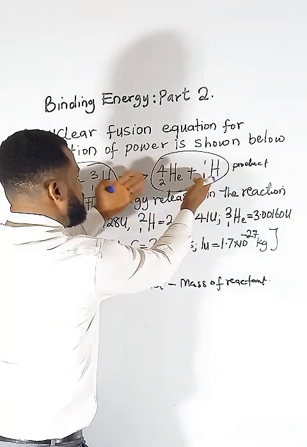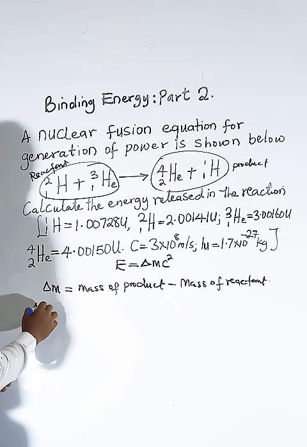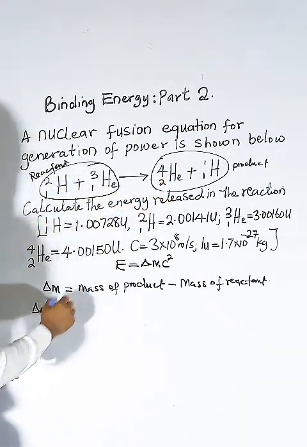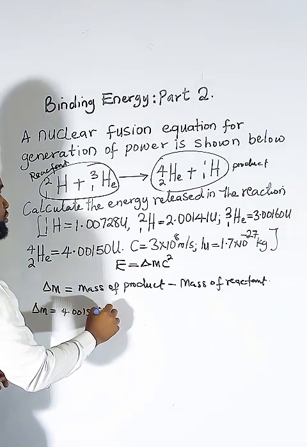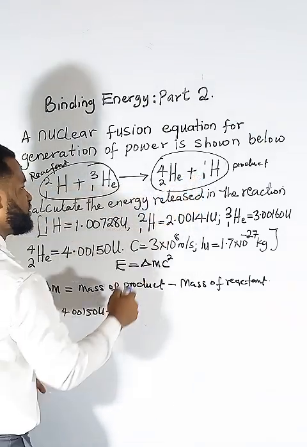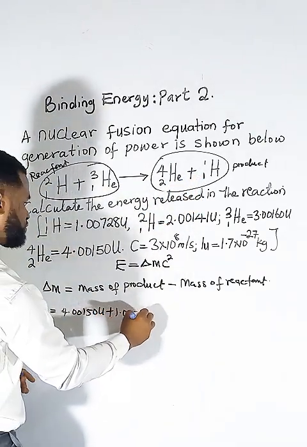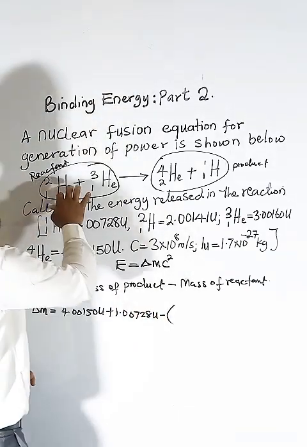Now, I'm going to take the whole of this and subtract them, take this away from it. So the mass defect is given as 4.00150 u, plus this value, which is 1.00728 u, then minus everything here.